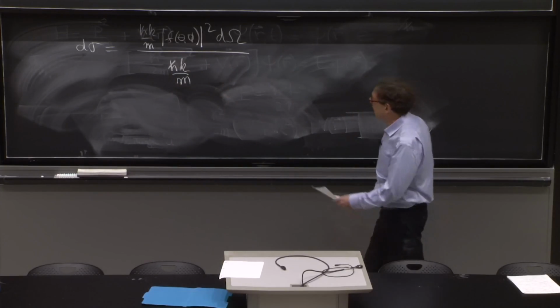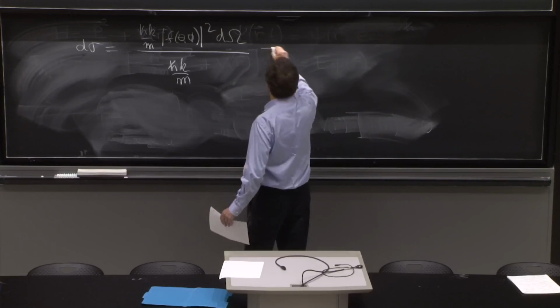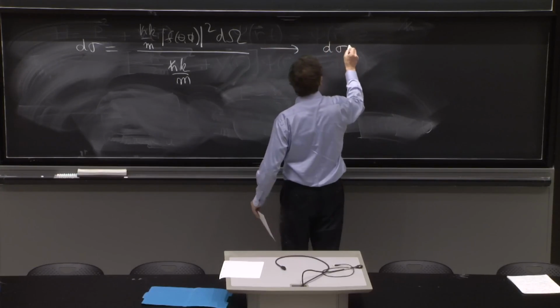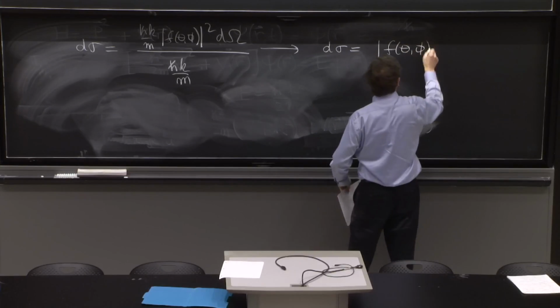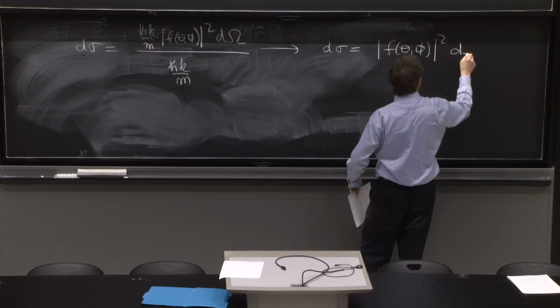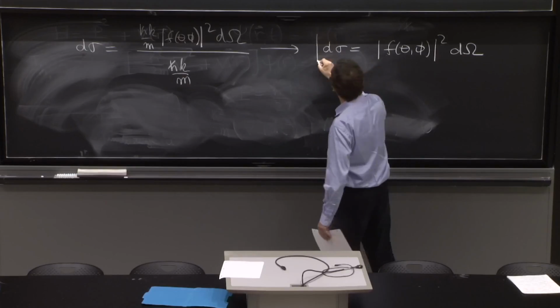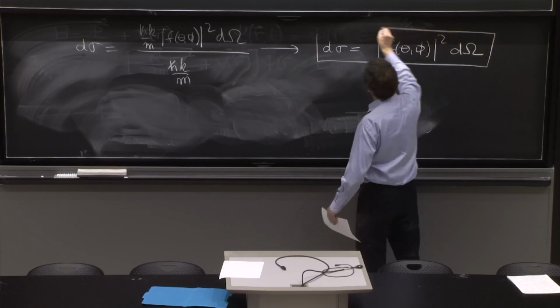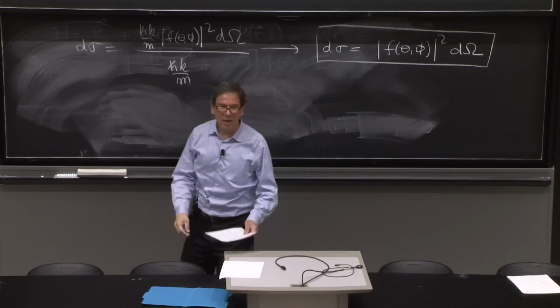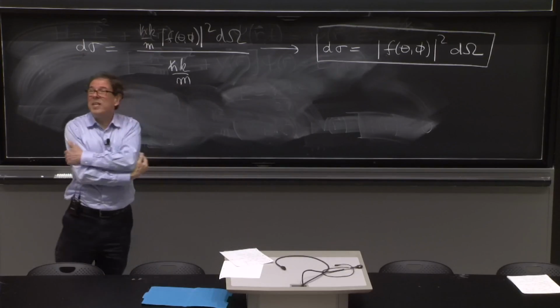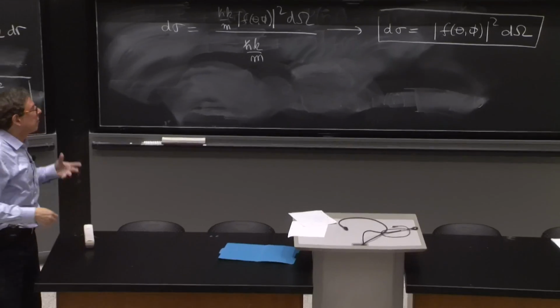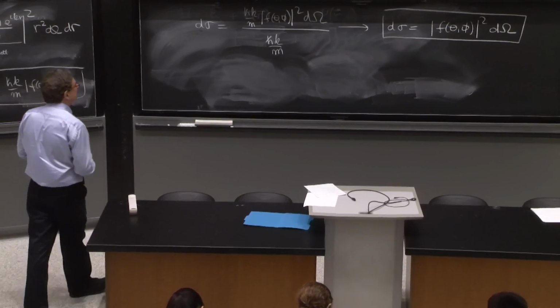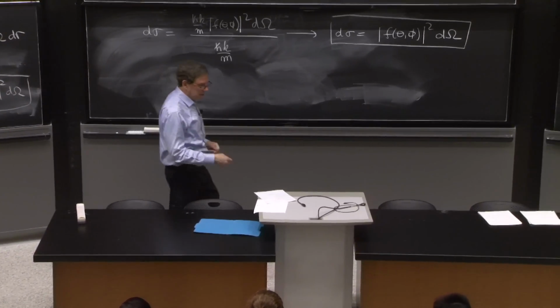That's all going to cancel. And then we get the nice formula that we were after. This differential cross-section is just determined by the function f of theta phi that we need to calculate. F of theta phi is our goal. If we have it, we have the differential cross-section.